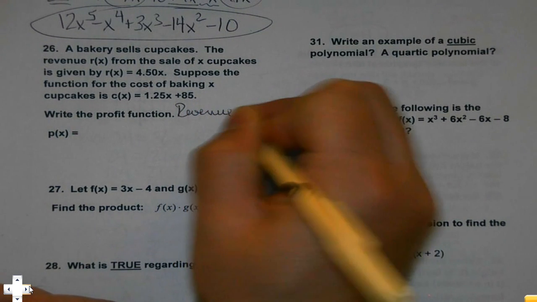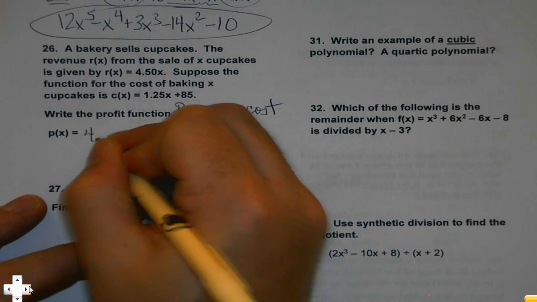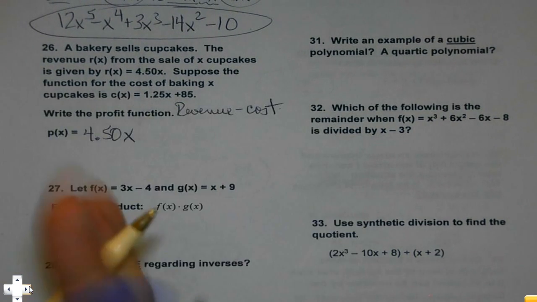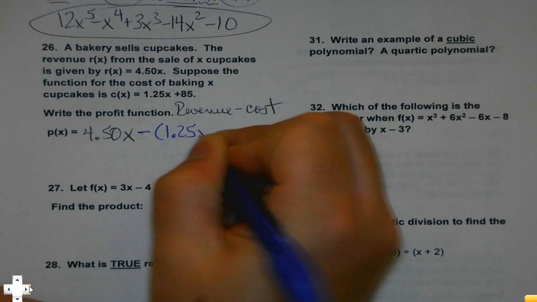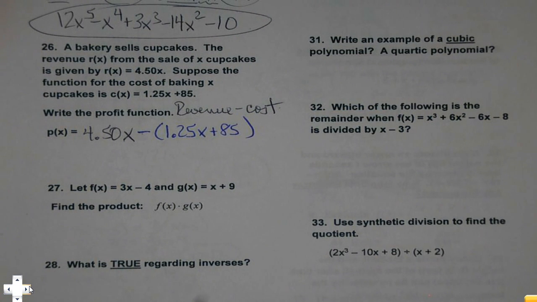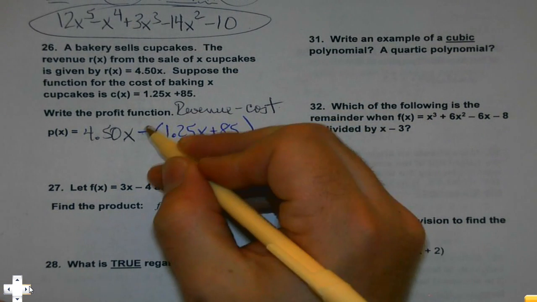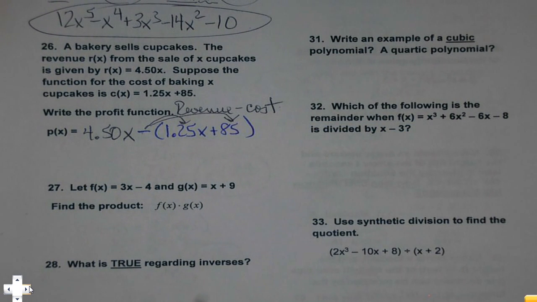Revenue minus cost. 4.50x minus parentheses. Okay, when in doubt, parenthesize, people. Because that minus goes to the 1.25x and the 85.